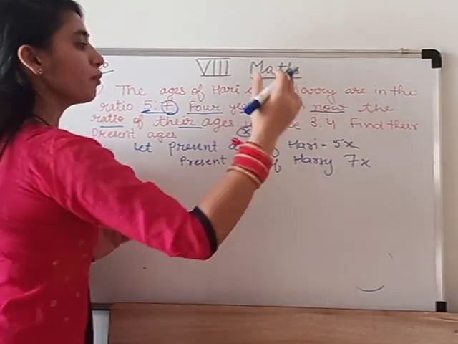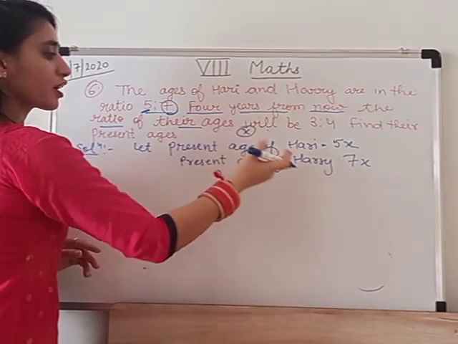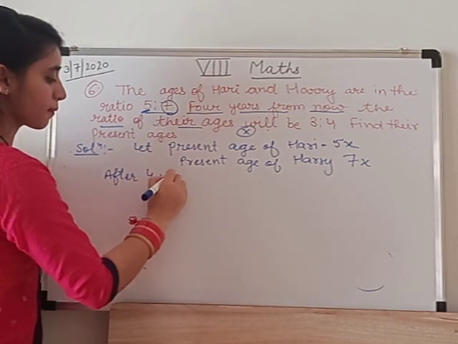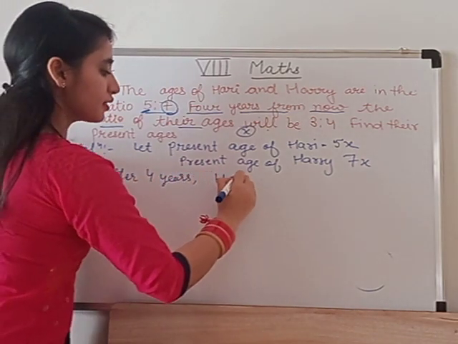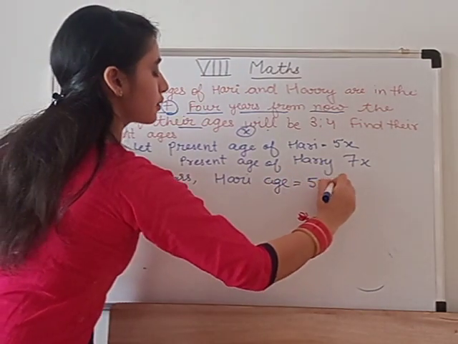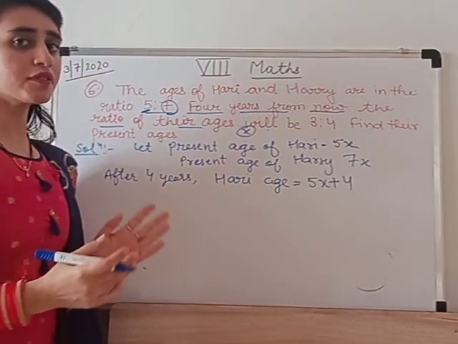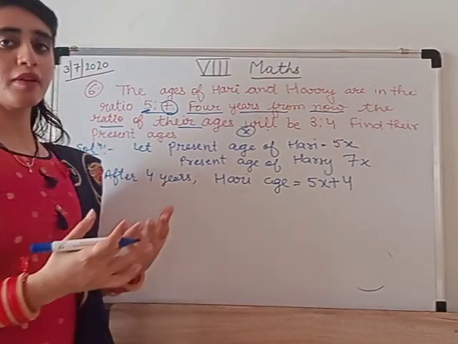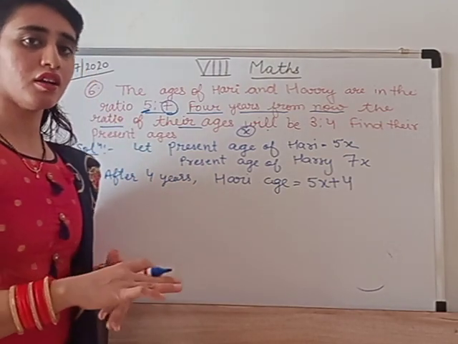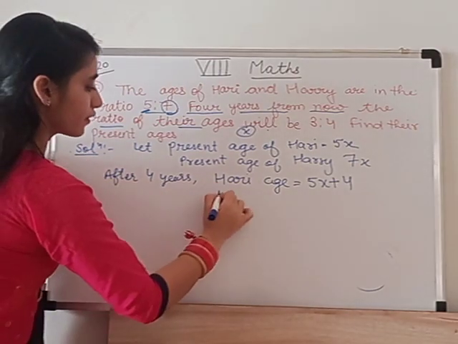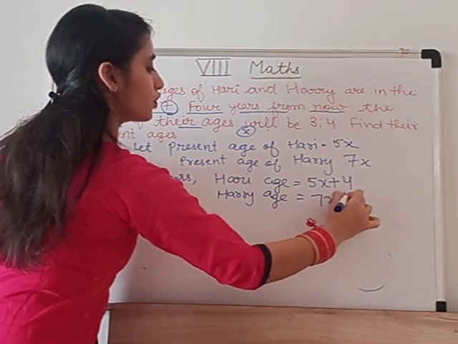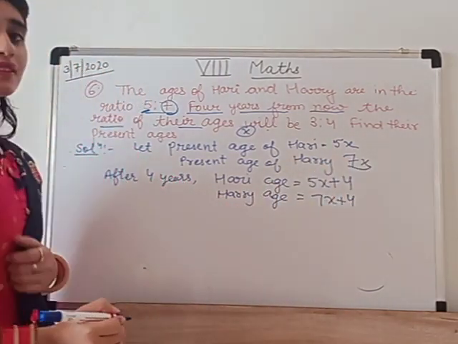So after 4 years, Hari's age becomes 5x plus 4, because the present age of Hari is 5x and 4 is added. Harry's age after 4 years is 7x plus 4, because the present age of Harry is 7x.